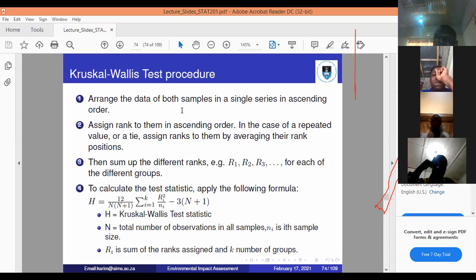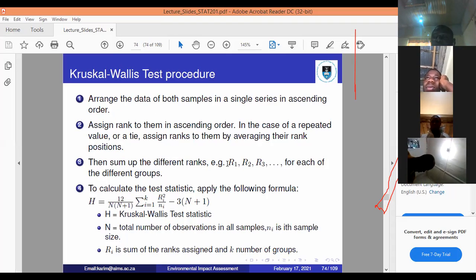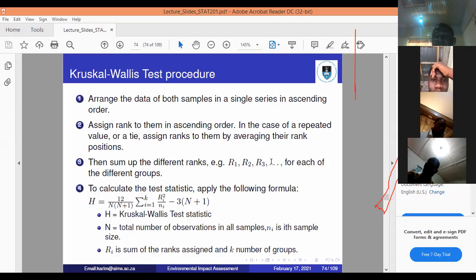You arrange the data as if they are just a single data set. Once you are able to do that, assign ranks to the data values, and then sum the ranks. So you are going to have rank 1, rank 2, rank 3. Each sample is going to have its own ranks, and then you sum the ranks.